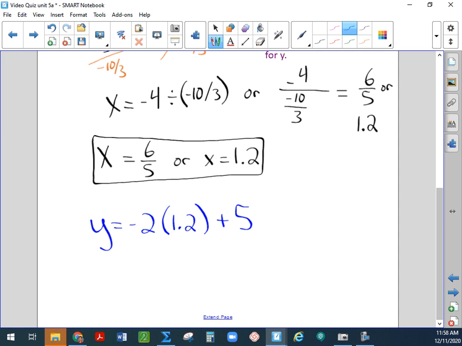So -2 times 1.2 plus 5 is going to be 2.6. And so I have the y value and I have the x value. And so my final answer to this problem is 1.2, comma, 2.6.